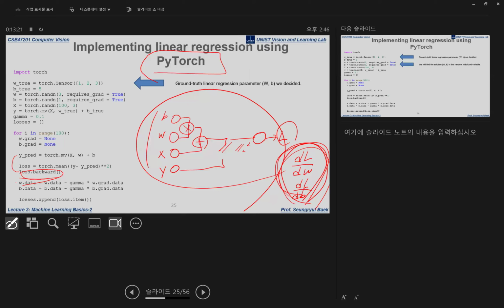Using that algorithm, the PyTorch library can approximate the gradient for all the variables inside the graph, so you don't have to worry about how they achieve this. Because of that, if we use PyTorch, the implementation becomes very easy, right?